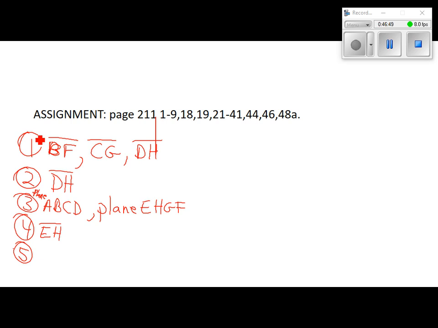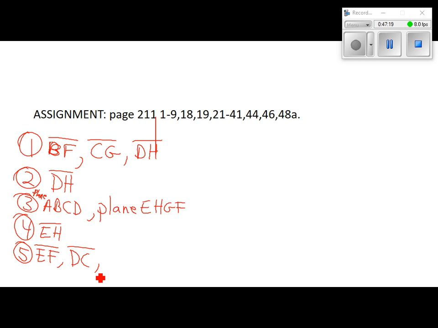Number 5, 3 segments parallel to HG. Dustin, give me one segment parallel to HG. EF. Kylie J, give me another one parallel to HG. DC.